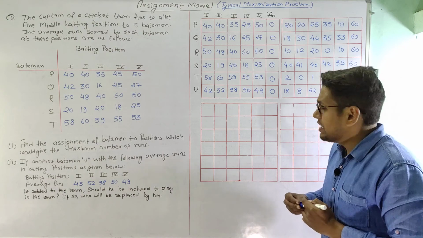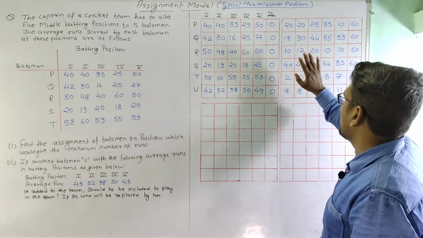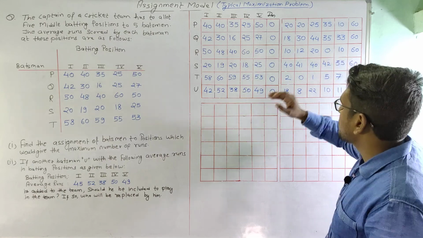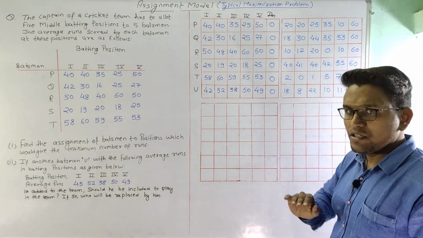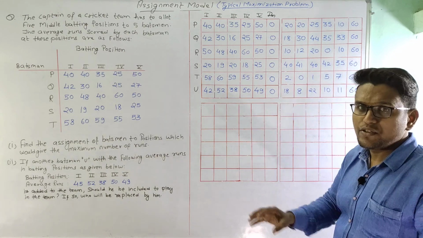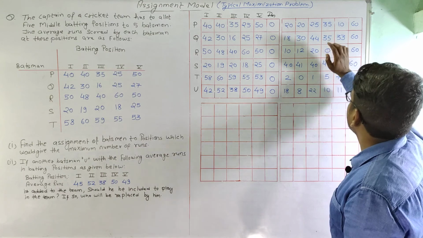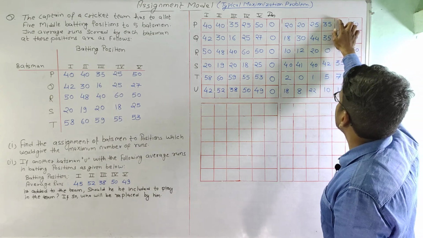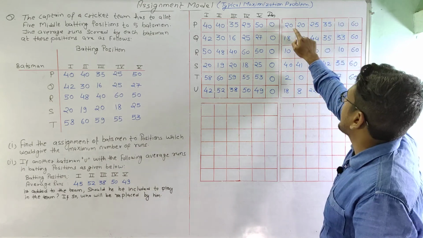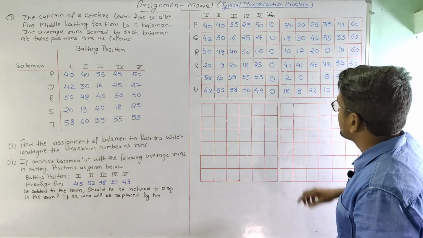Now we have converted our maximization matrix into the minimization form, and the next step is to reduce this matrix. In order to reduce this matrix we need to follow row reduction and column reduction. For row reduction we will select the minimum value in a particular row and subtract it from each element of this row. So let us start.